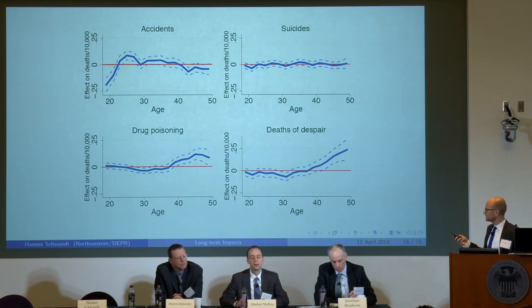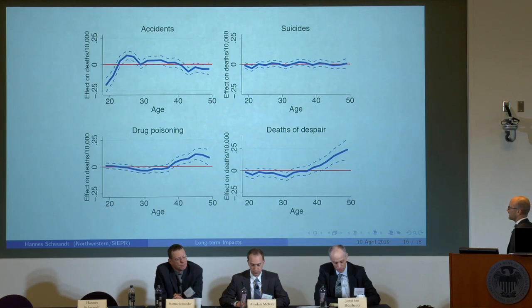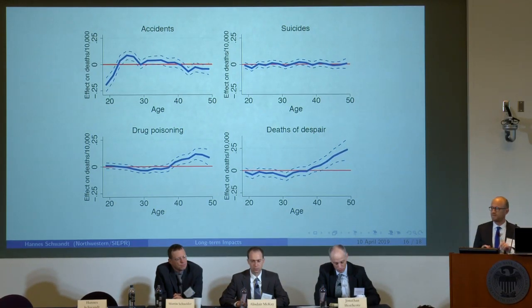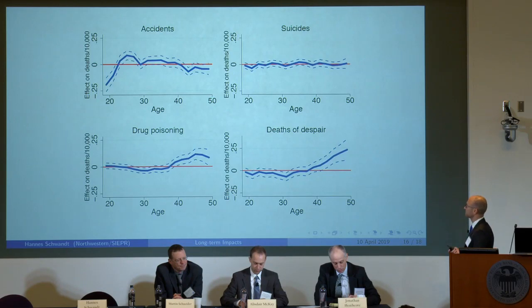And then this figure here summarizes what can be labeled, or what Case and Angus Deaton famously label the deaths of despair, including drug poisoning, suicide, where we don't find an effect, but also liver disease, and also we include smoking. And there we see the strong positive effect, up to a quarter of a death. So that's up to a quarter of the overall effect that we see.